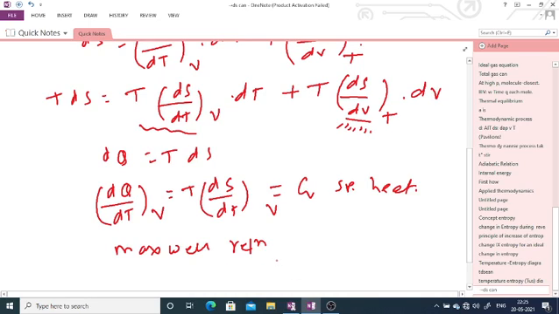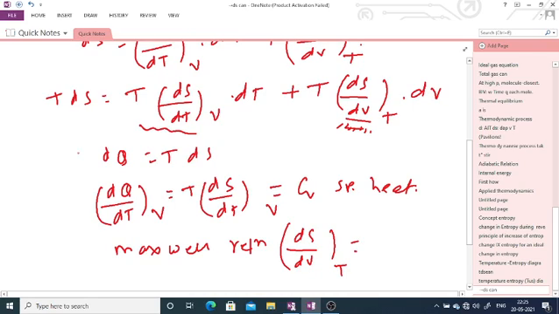According to the second relation, we want to replace the second term. So this term can be written as it is, dS upon dV at constant T.